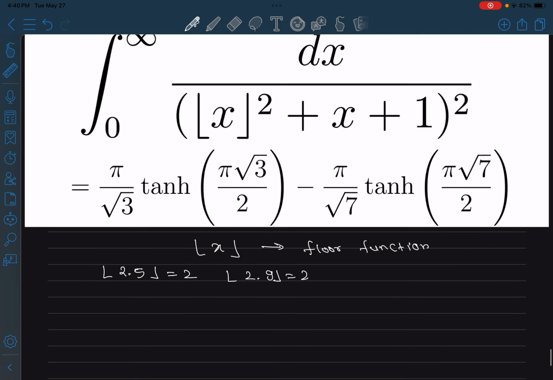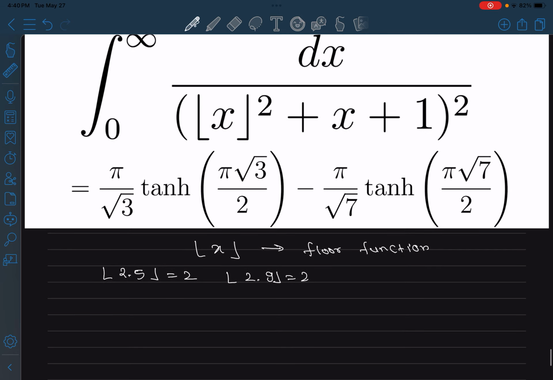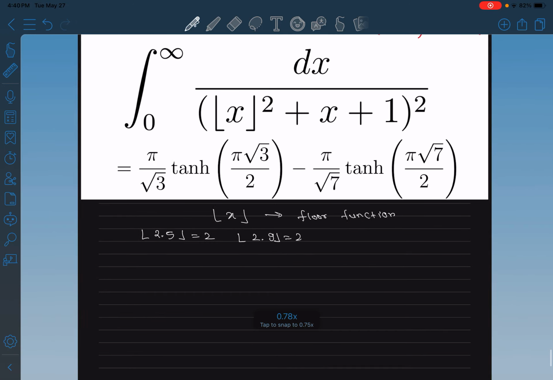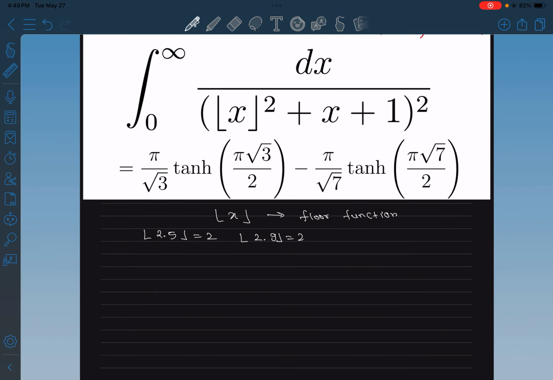Okay, so let's see. Usually, whenever there's a floor function, we try to break integrals into multiple integrals. So let's say we have the integral from 0 to infinity of floor of x dx.